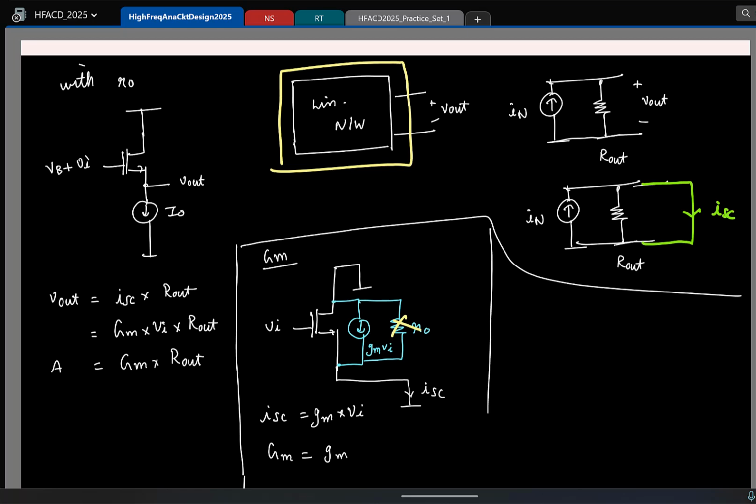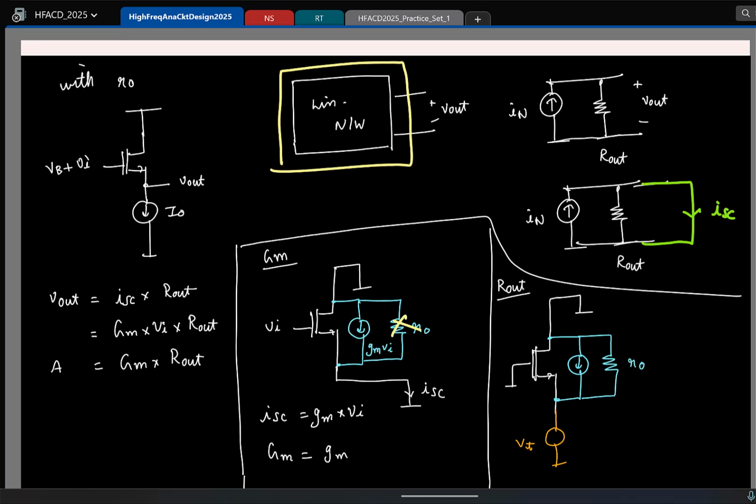So this is Gm. Let's do R out also. Again, I'll try to find R out here. So if I draw the incremental equivalent, I have drain shorted, gate shorted, and I'll apply a test voltage here. Fine. And if I draw the equivalent of the transistor, it is a voltage controlled current source and R0.